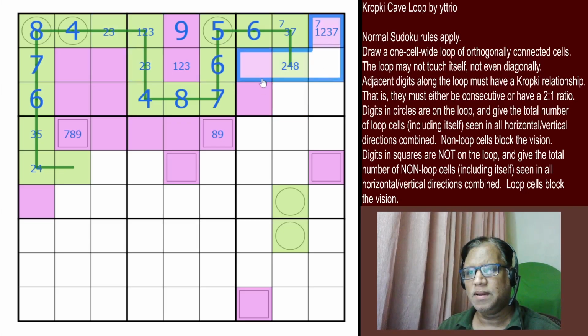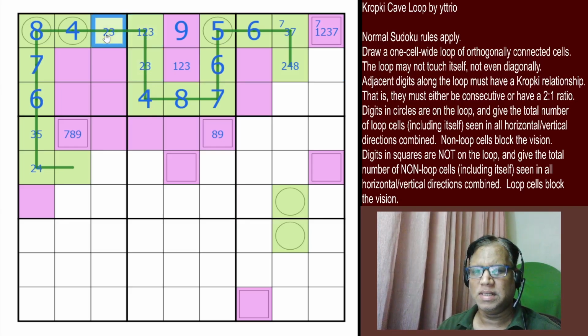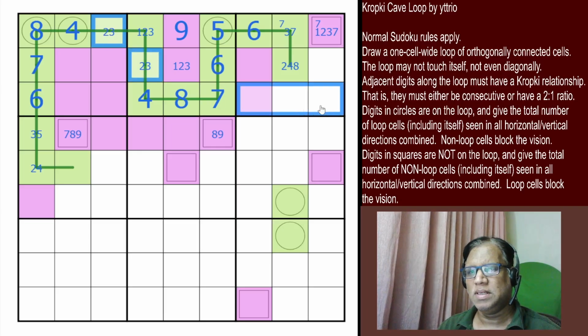Something is happening here. 2 4 8 3 7 6. 2 3 is fine, right? That's 2, that's 1, that's 2, that's 3, that's 2, that's 3. So these two are the same number, right? Which is coming here.